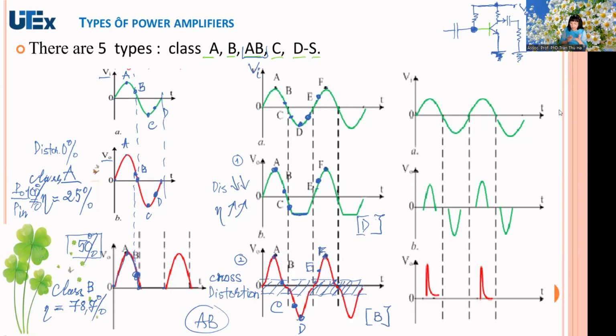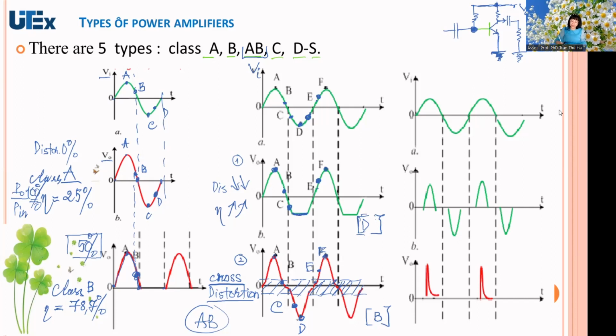You keep A, B, C, D, E, F. We have six pieces of information, and now we have 5. We lost B information, right? We lost one information B in the second graphic. And in the first graphic, we lost one information B. We call this the AB class power amplifier.